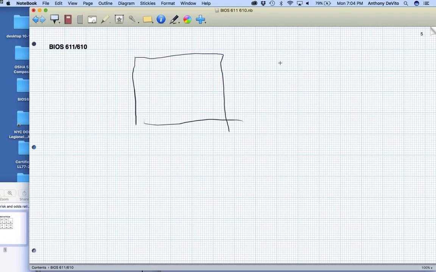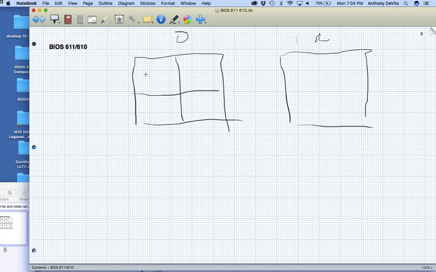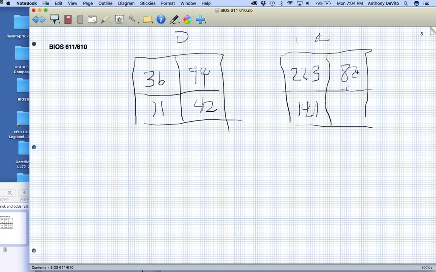In real life, 2 by 2 tables, observed and expected. Right? Okay, we might come up with, I'm going to say 36, 94, 11, 42. My expected values, 27.3, 14.1, 82.3, 46.7. What's happening here with my expected values?